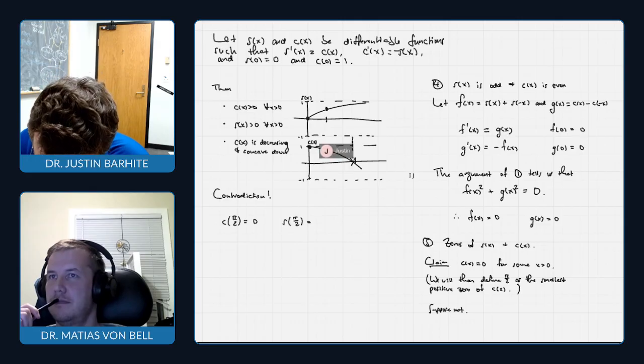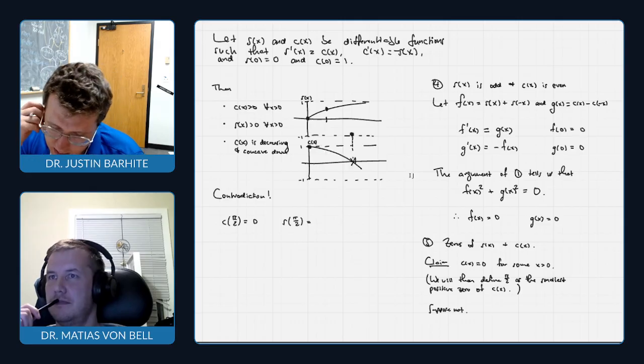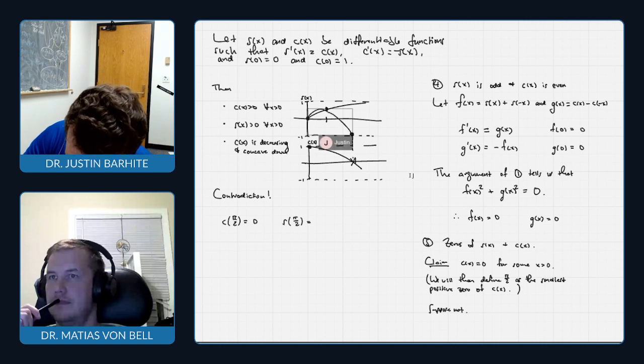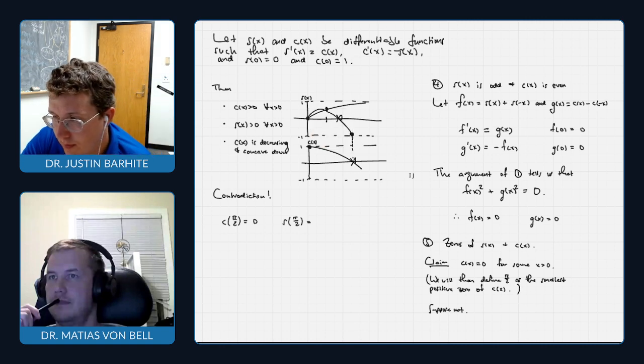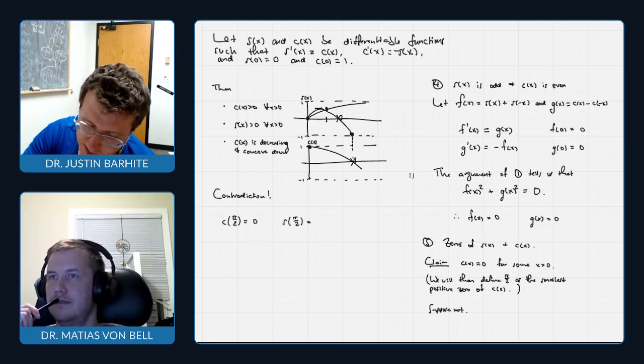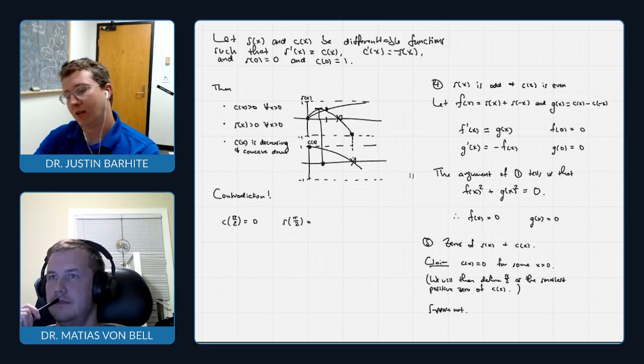Well, because if sine were negative 1 here, then because sine goes positive first, there would be a 0 somewhere before pi over 2. And then by Rolle's theorem, there's a horizontal tangent line somewhere even before that, and that would force c of x to have a 0 before its first 0.